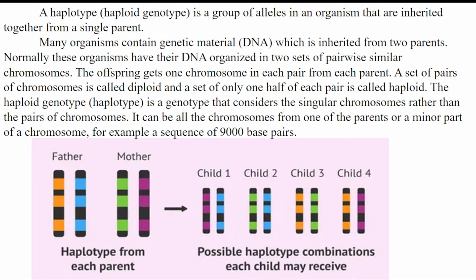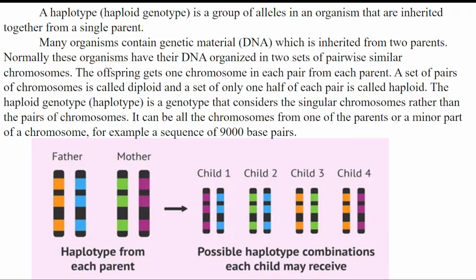A haplotype, haploid genotype, is a group of alleles in an organism which are inherited together from a single parent. Many organisms contain genetic material which is inherited from two parents. Normally, these organisms have their DNA organized in two sets of pairwise similar chromosomes. The offspring gets one chromosome in each pair from each parent.